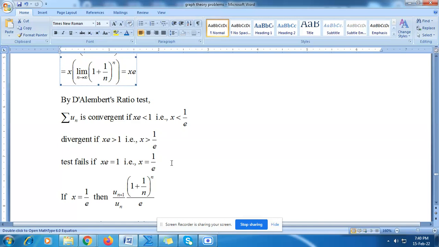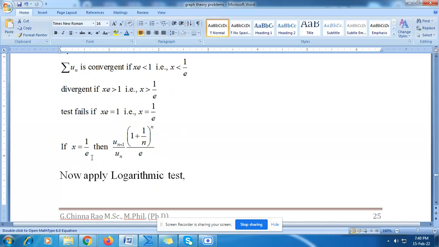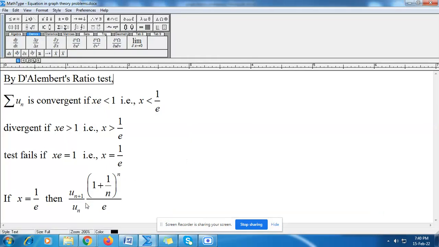Now check the convergence at x equal to 1/e. If x equal to 1/e, then un+1/un is (1 + 1/n)^n / e.